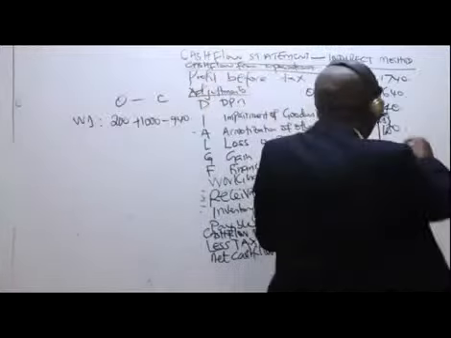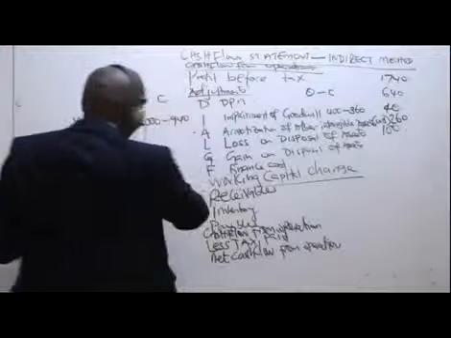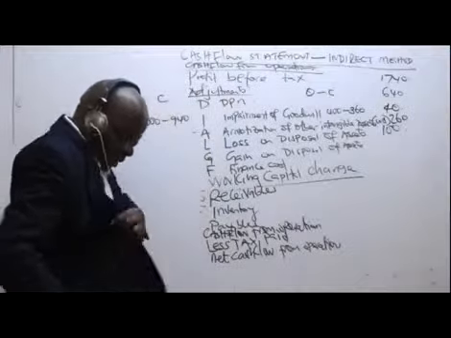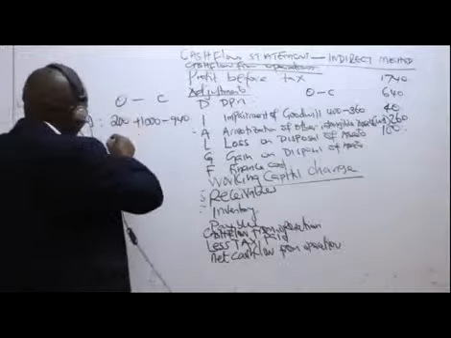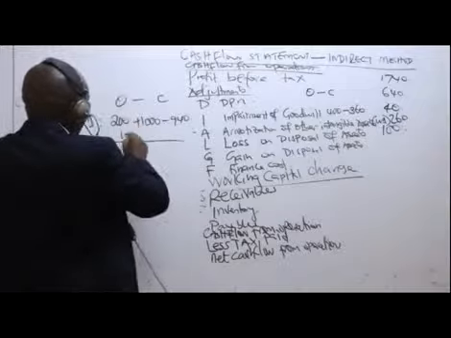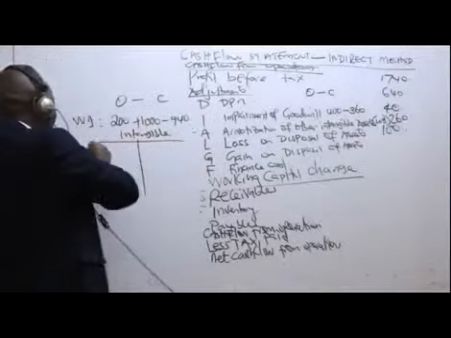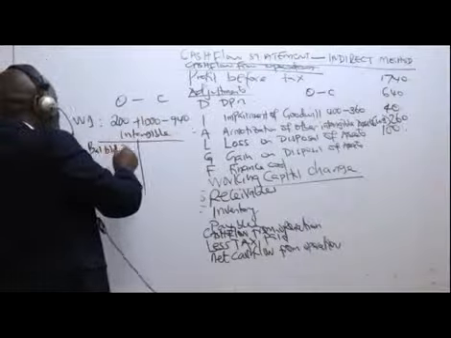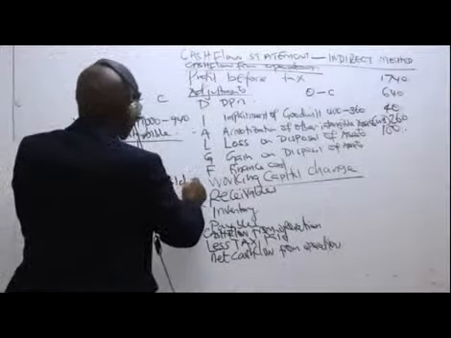If you are a lover of T accounts, this is an asset. You can come and mention here, intangible assets, it's an asset. So the balance brought down is 200, and the balance carried down is 940.